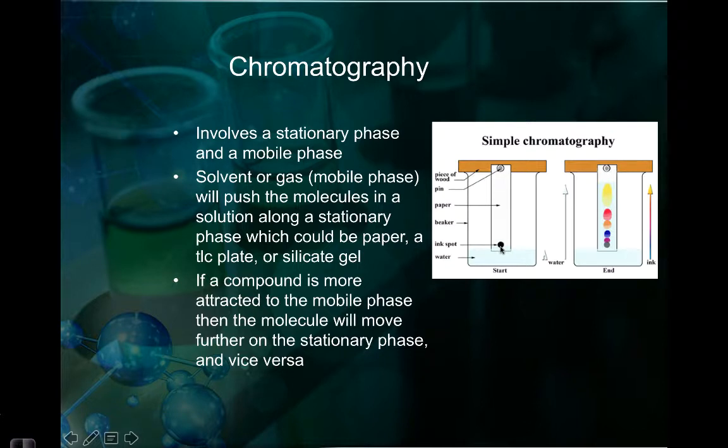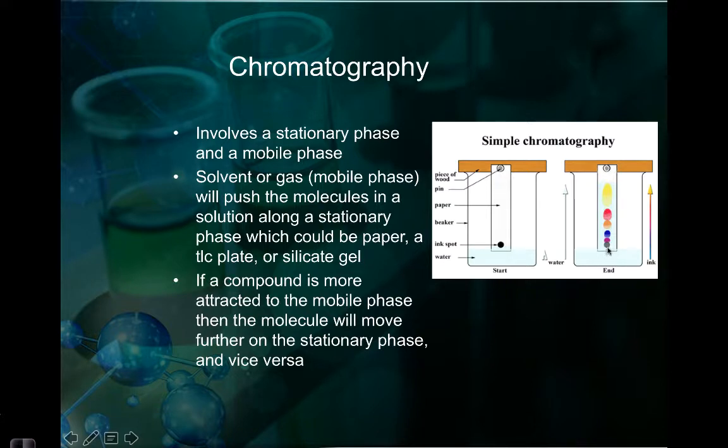Then whatever's in that mixture, those components will start to be separated from each other. The way that they get separated is how attracted they are to the mobile phase. If they're attracted to the mobile phase, they'll run up the stationary phase with it. So the higher they get up the paper, the more attracted they were to the water molecules.